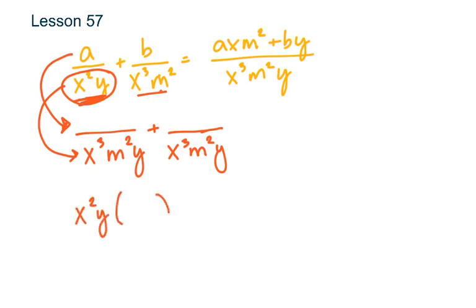What did we multiply that by to get that new denominator? So there were already two x's, and it turns out we need three x's. So we need just one more x.